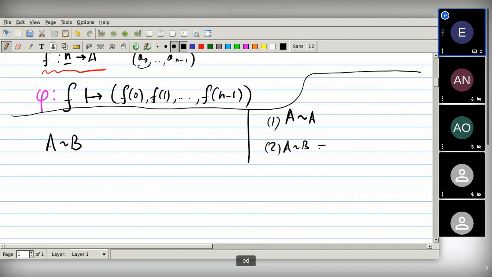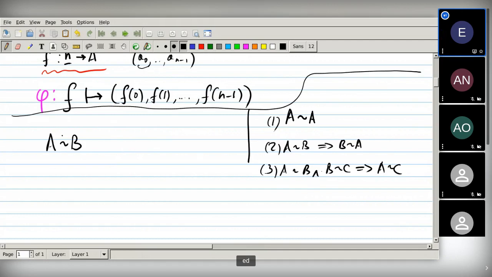If A is equivalent to B, then B is equivalent to A. If A is equivalent to B and B is equivalent to C, then what? A is equivalent to C. These properties are natural, for they are expectable from the concept of two sets of the same size.